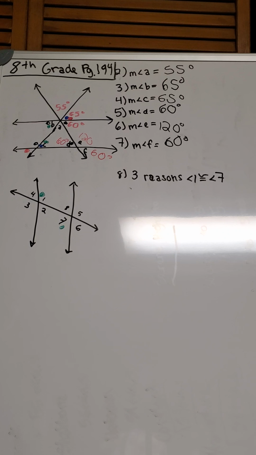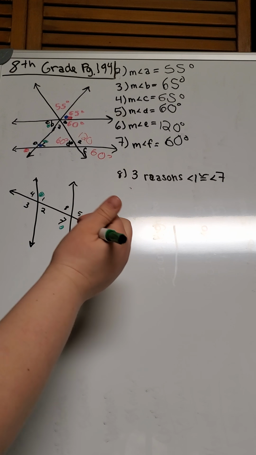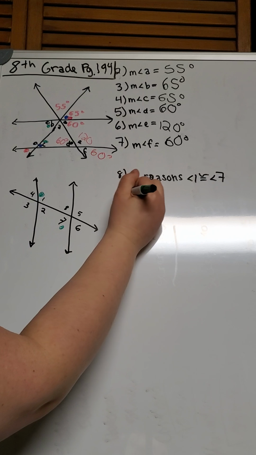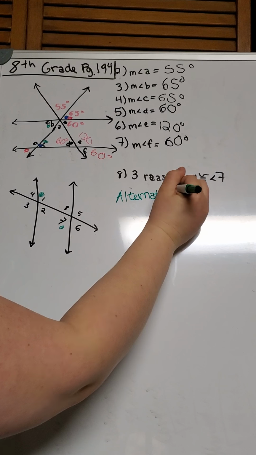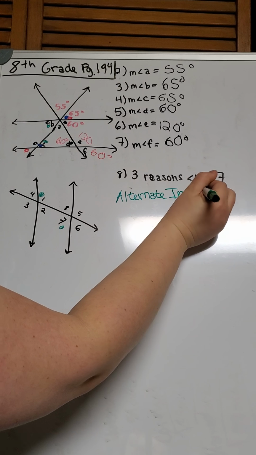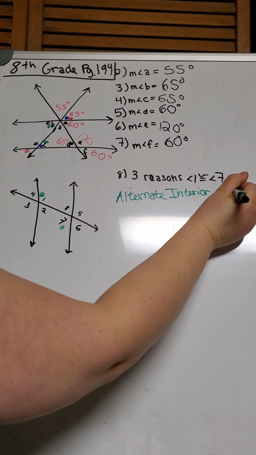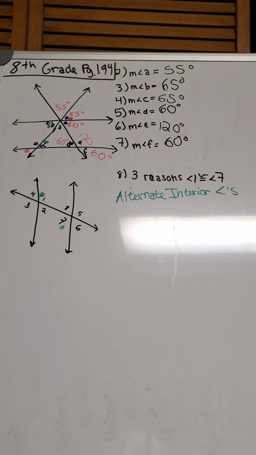This is my transversal. These two are on opposite sides, so they're alternate. Are they on the inside or the outside of the two parallel lines? Hopefully you're noticing they are on the inside. So alternate interior angles.